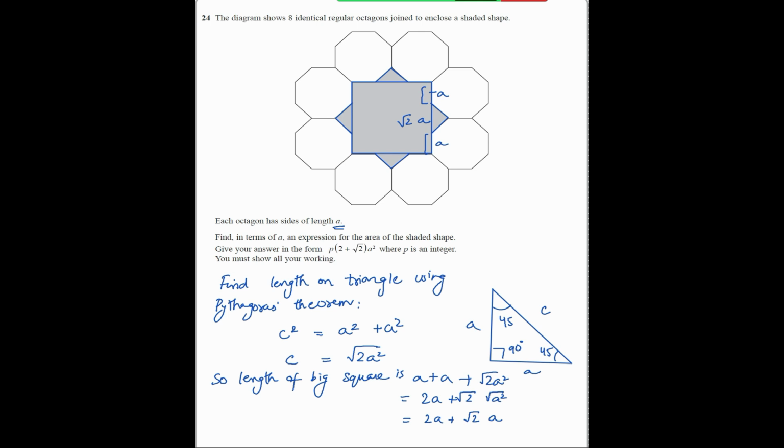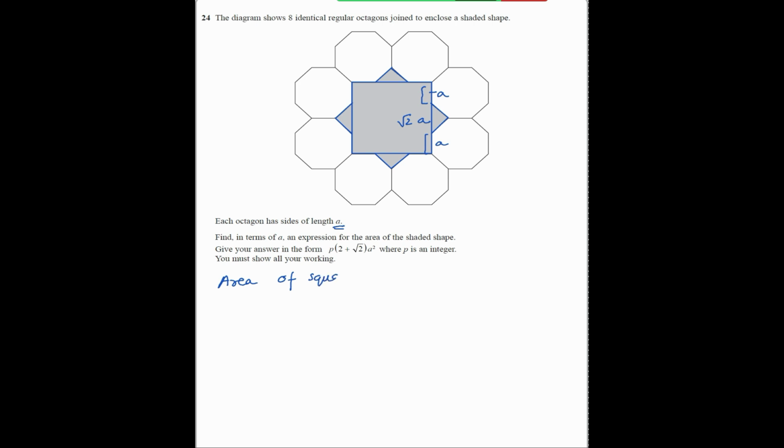So if we add them together, we will get 2a plus square root of 2a. Now we have to calculate the area of the square.